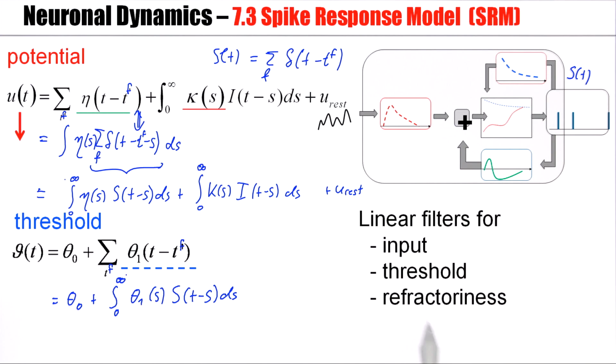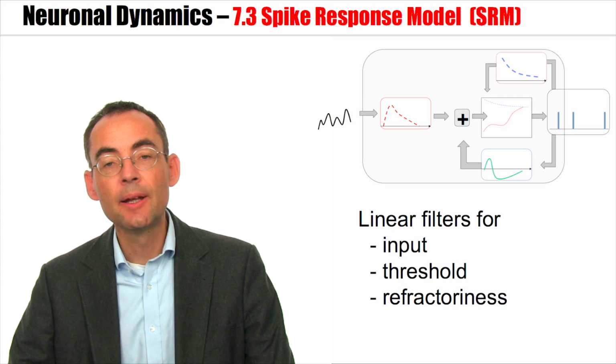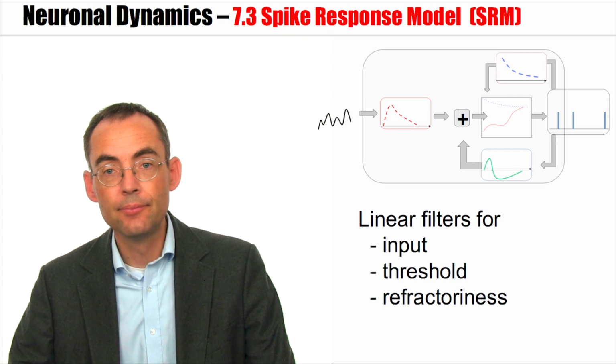So the three filters, the filter kappa here, the filter eta here, the filter theta 1 here, all are treated in a parallel fashion. These filters are used in convolutions. Convolutions of the input with the filter kappa, convolution of the output spike train with the filter eta, and with the filter theta 1.